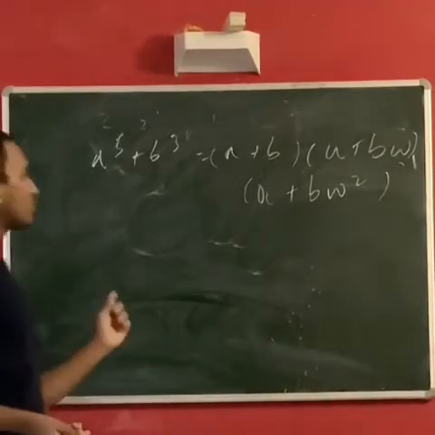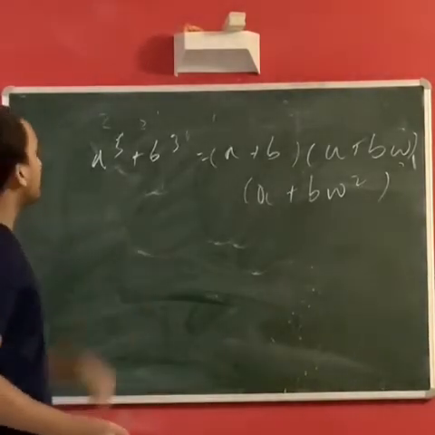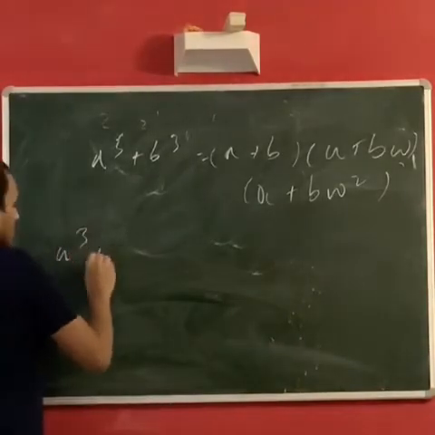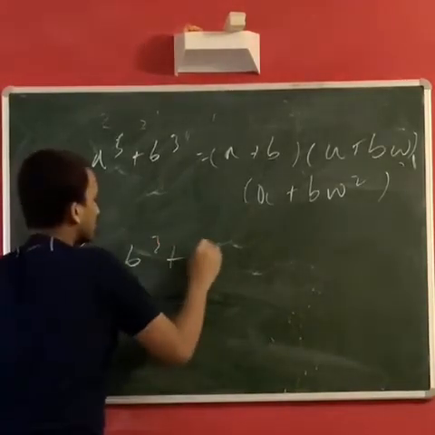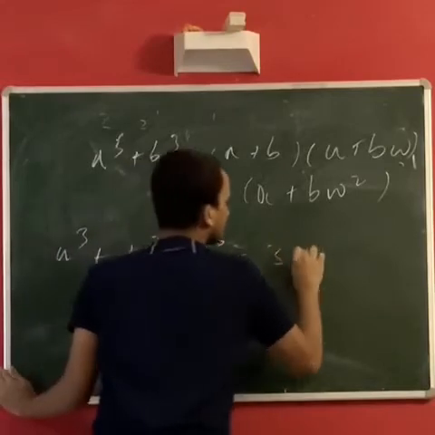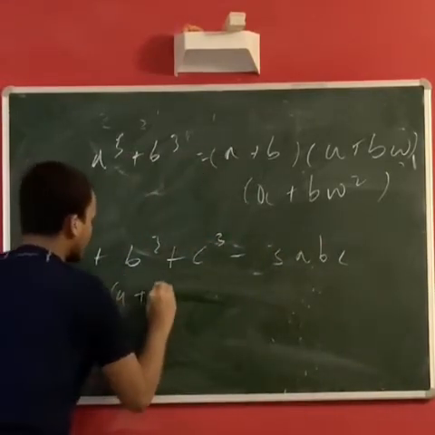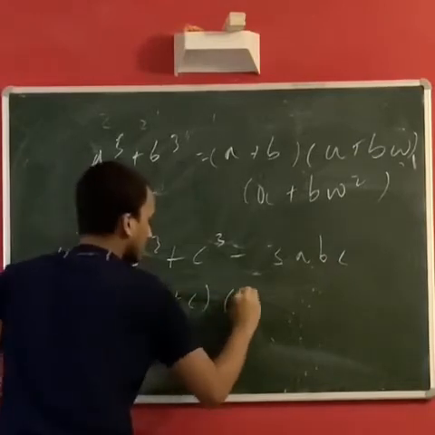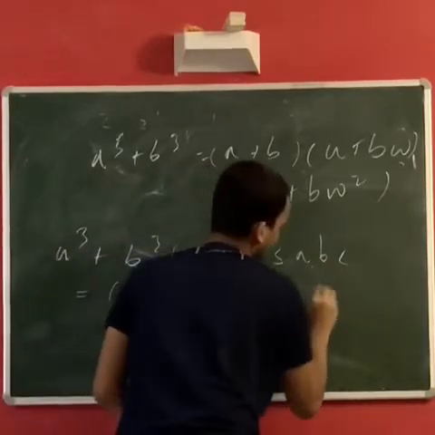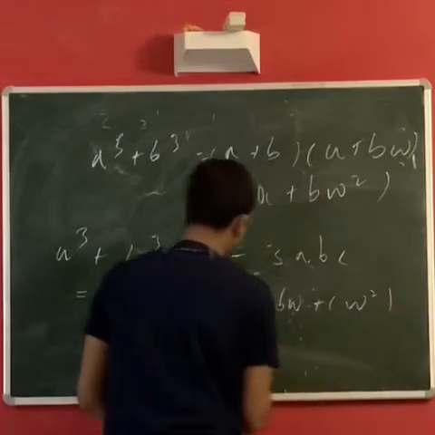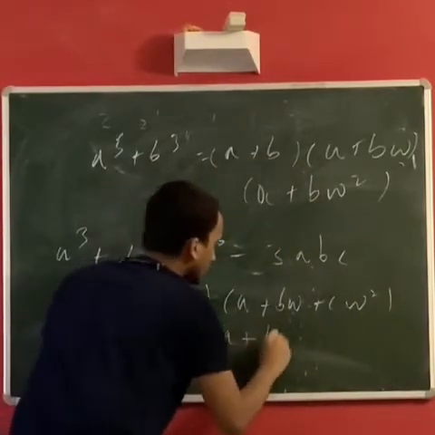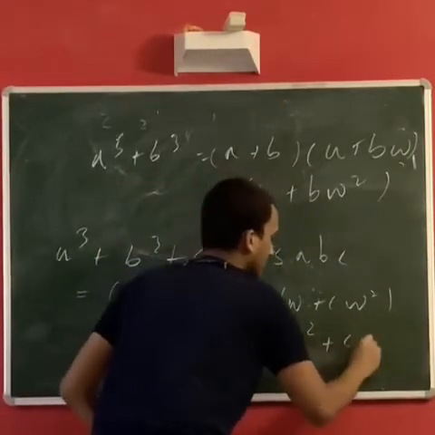Well, I am also adding another identity as part of the exercises, which is a cube plus b cube plus c cube minus 3abc is equal to a plus b plus c, times a plus b omega plus c omega square, times a plus b omega square plus c omega.